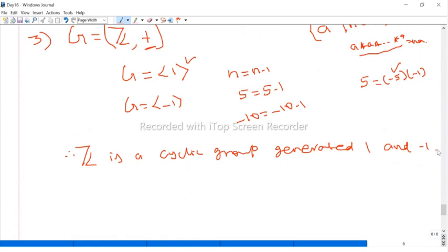Once we discuss isomorphism and homomorphism, we will say there is only one infinite cyclic group, namely Z. If we take any other infinite cyclic group, it should be isomorphic to Z.